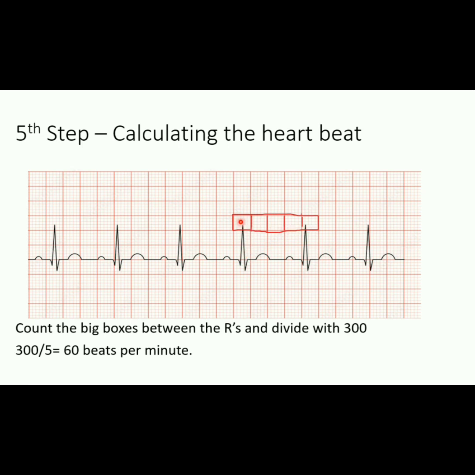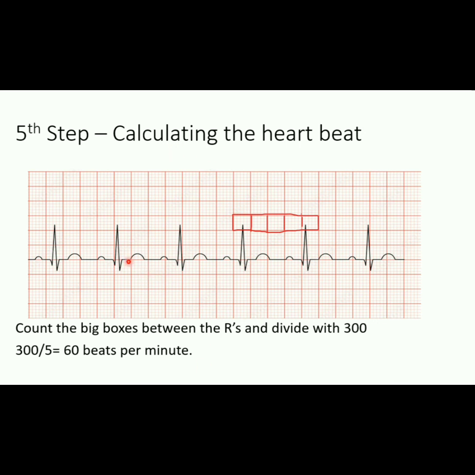This R starts from here, so you count 1, 2, 3, 4, 5 boxes to the other R. So we divide 300 by those 5 boxes, and you get the heart rate of that particular patient. So I have divided 300 by 5, and the beats per minute that we got here is 60. I guess you got it.